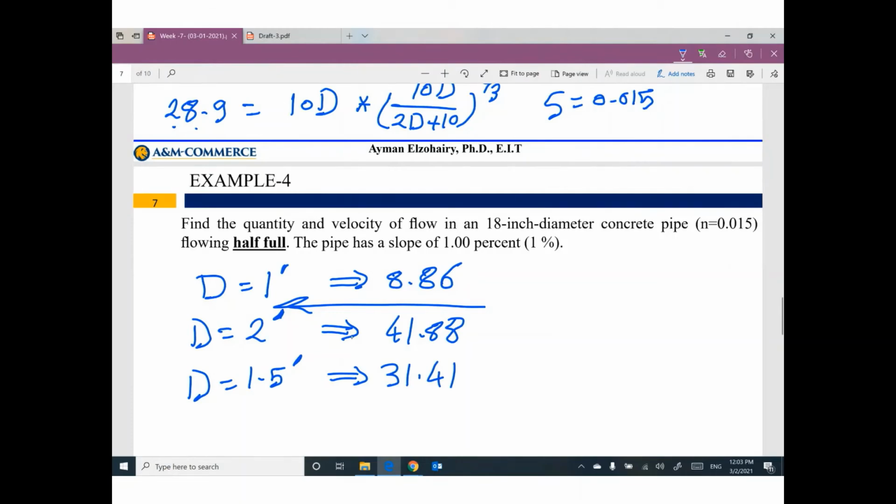So if you go down a little bit, let's try depth equal 1.6 feet and see what you have. No, wait, probably I have a mistake.